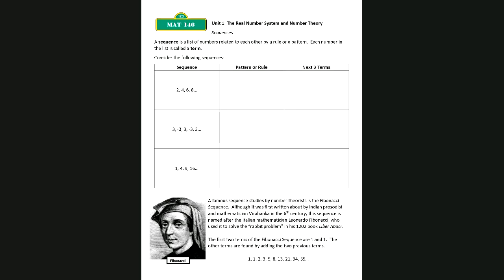So if you go back to our previous page, the last two terms that we looked at were 34 and 55. So if I add 34 and 55, I get 89, right? So that's 89.